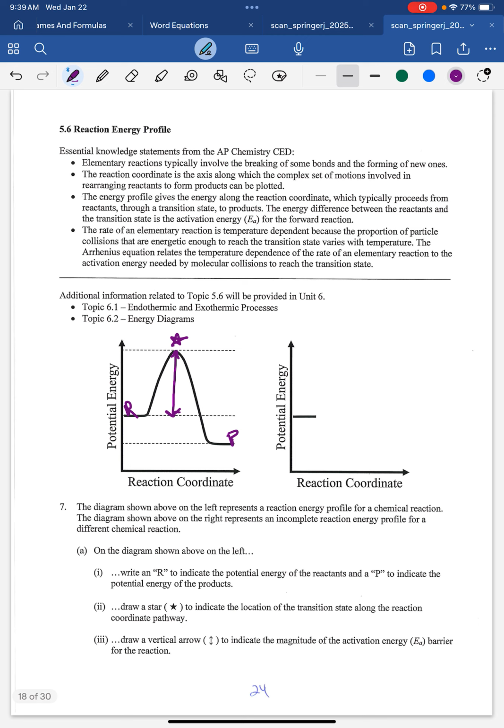So what we need here is a hill that ends up higher than we started. Now here's my reactants, here's my products. I'm going to draw a dotted line across here and a dotted line across here. And there's my activation energy, and there's my transition state.